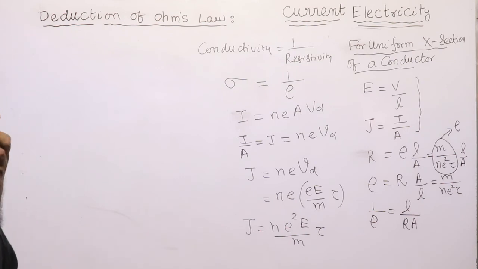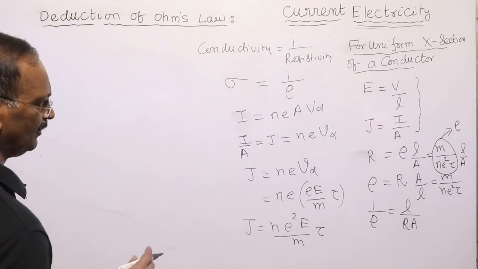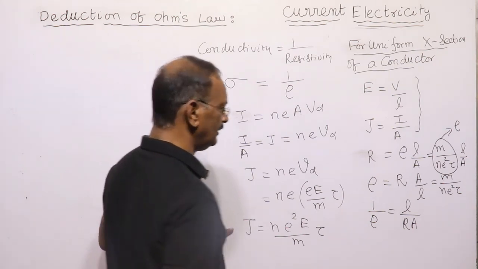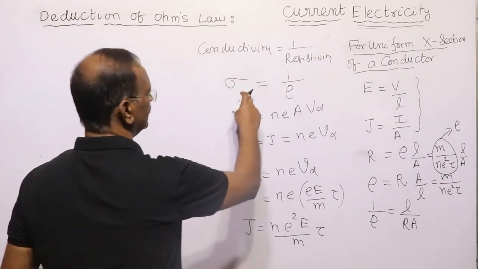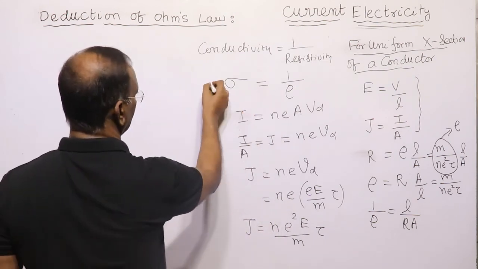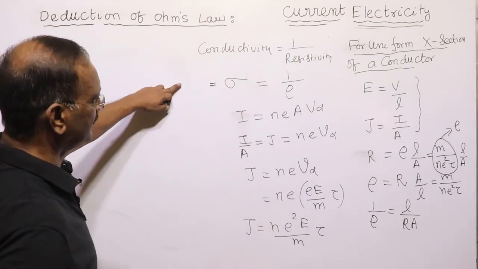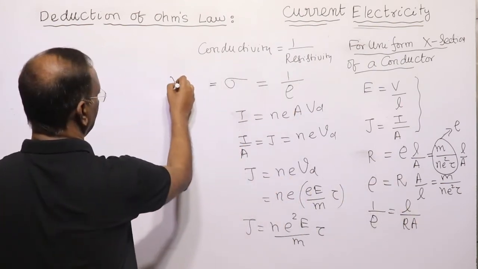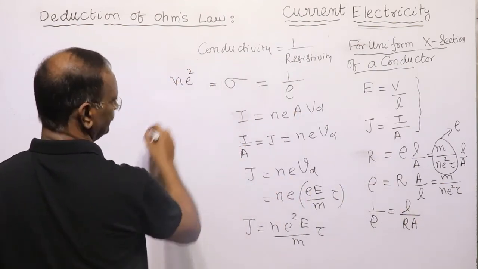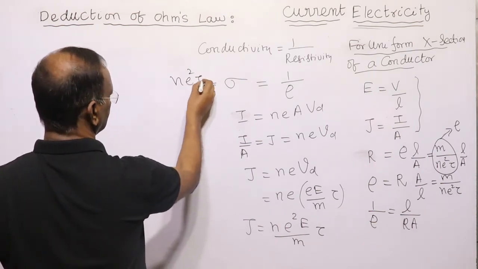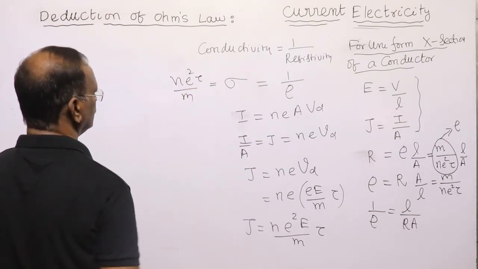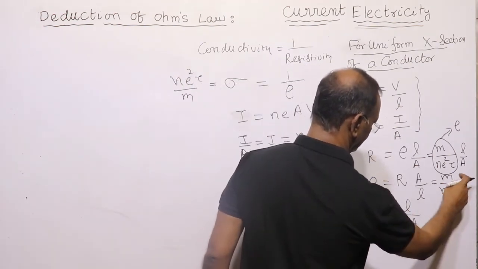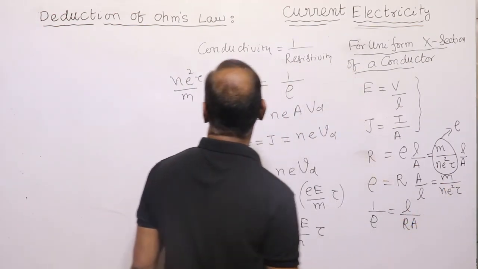Once current density is this way, now we know the resistance. What is conductance? Conductance is equal to 1 by resistance. 1 by resistivity is equal to n e square tau by m, because inverse of resistivity is equal to n e square tau by m.